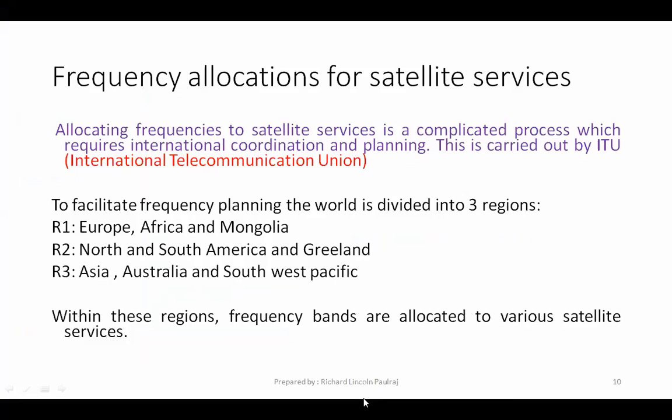So when I say region 2, it's actually referring to Greenland and the Americas. And region 1 is referring to Europe, Africa, and Mongolia. So we fall under region 3: Asia, Australia, and Southwest Pacific. When I say region 2, it means it's referring to North and South America. So I hope you would have remembered these concepts, right?